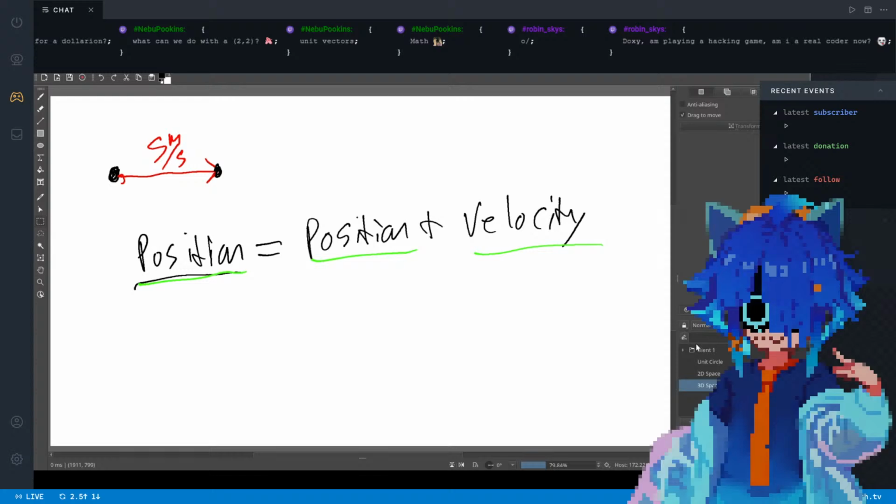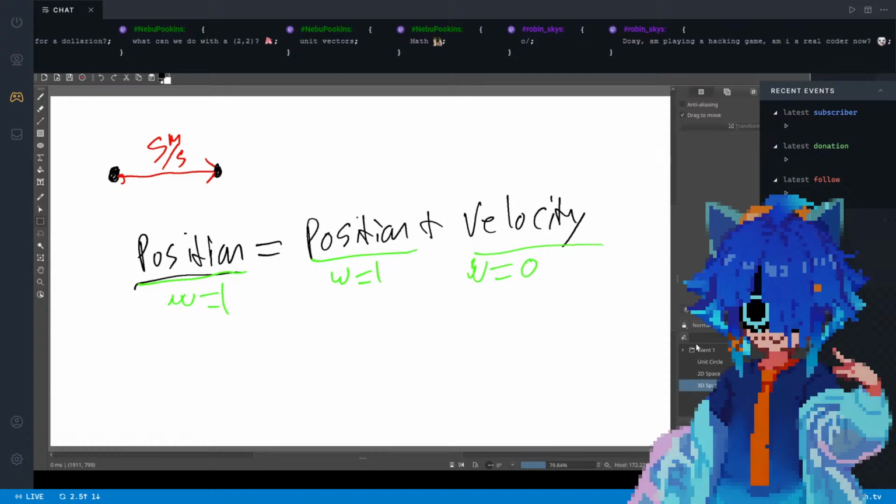And if we treat these as homogeneous coordinates, we would say that the W is equal to 1 for the positions, right? And then the velocity would be equal to 0. Velocity is a direction, while position is a point. Make sense?